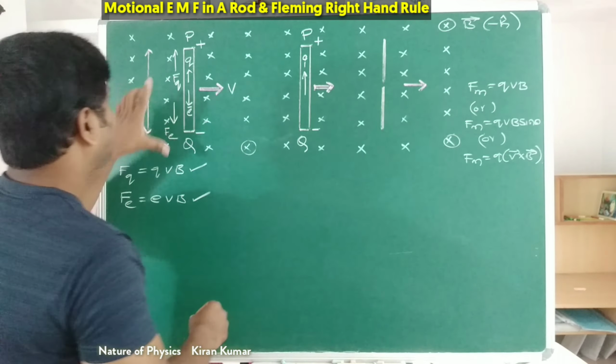For that, Bn is equal to B into sine theta. So the final equation for the induced EMF is E equal to BLV into sine theta.